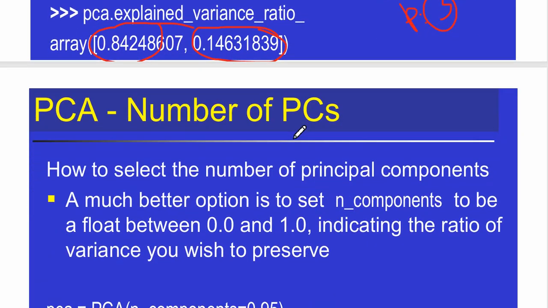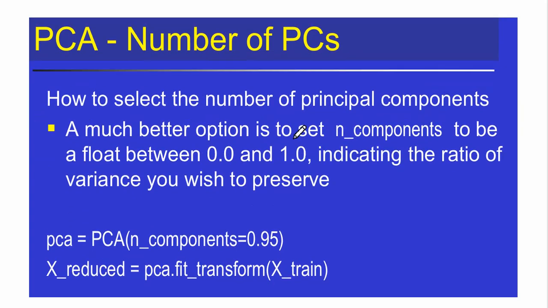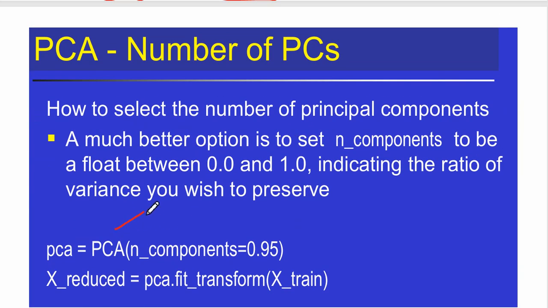Now, for example, in PCA we can pass the number of components from 1 to 2, 3, and it extracts that many components. If the n components value is, for example, 0.95, what does it mean?